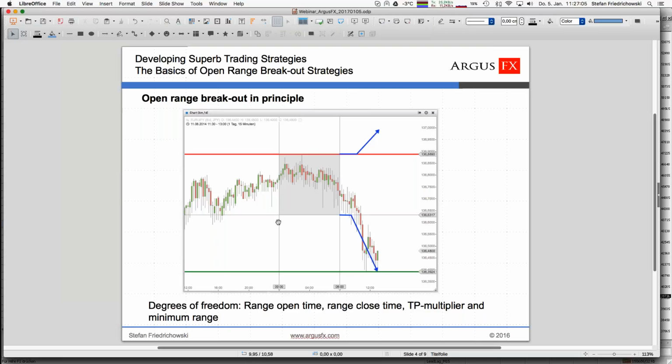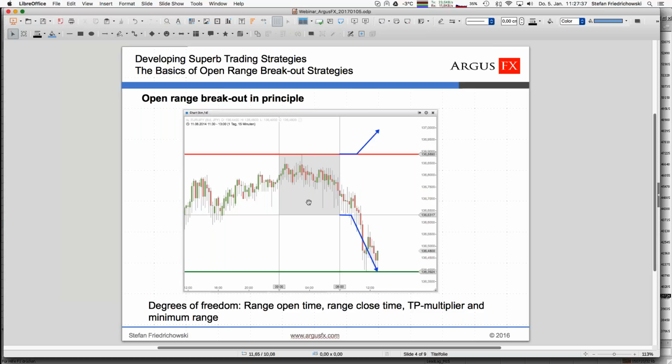If the range, which is created by the 2 vertical lines and then finally by the 2 horizontal lines, if that range is on the price axis too small, then it's not good to open any trade. The simple reason is you have to consider that we have to live with the spreads of every underlying as well.